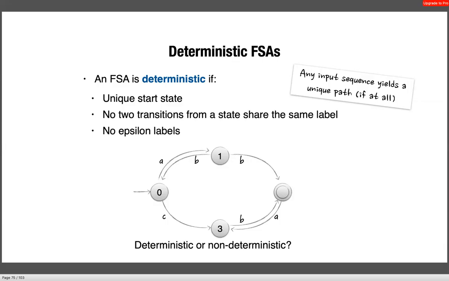So here's a sample machine. Is it deterministic or non-deterministic? You can very quickly say that it is non-deterministic because if you look at state 1, on seeing the symbol B, you have two choices. You could either go back to state 0 or transition to state 2. So this is a non-deterministic machine.